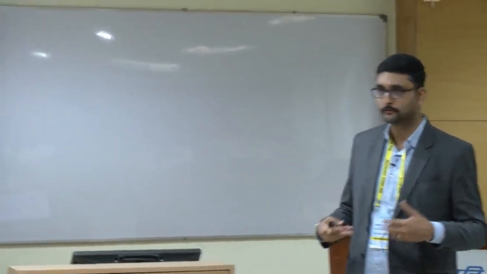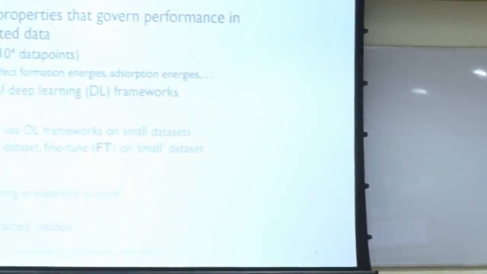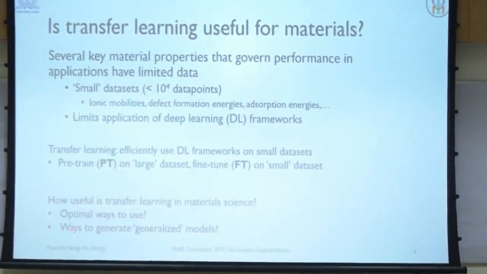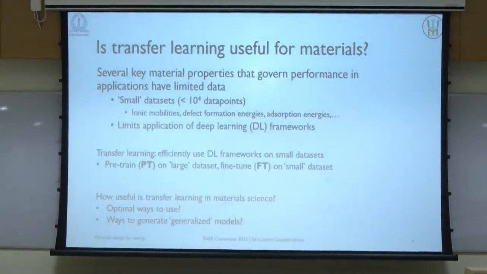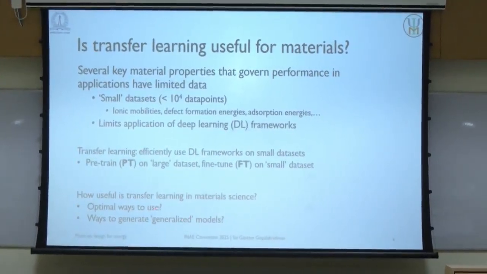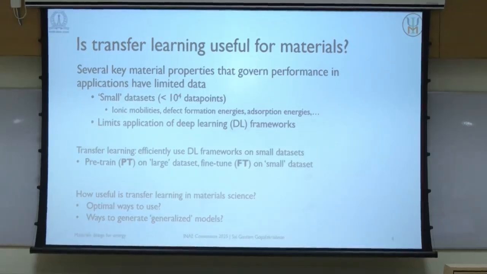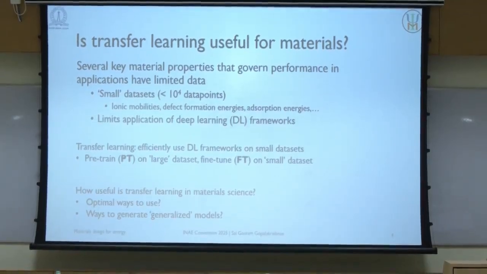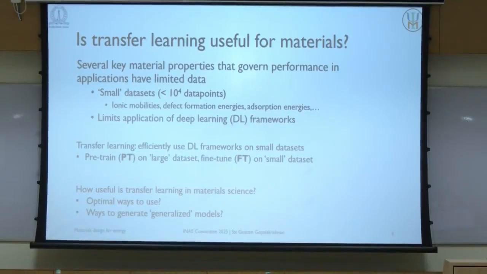So we wanted to answer two questions. How useful is transfer learning really in material science? We don't know, or no one did a proper benchmarking before. So we wanted to answer that question first, and if it is useful, are there optimal ways to use it? There are also ways to create what are called generalized or generalizable models. These are models that roughly understand structure-property correlations, but are not particularly good at predicting any specific property.